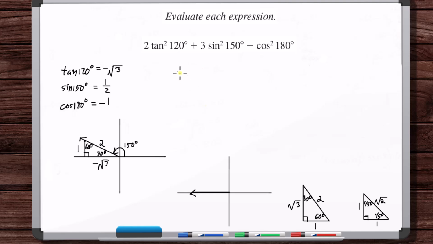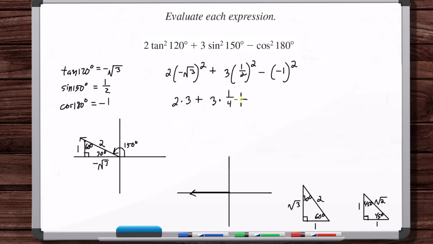All right, so we've got 2 times -√3 squared plus 3 times 1/2 squared minus -1 squared. So that's 2 times 3 plus 3 times 1/4 minus 1. That's 6 plus 3/4 minus 1.